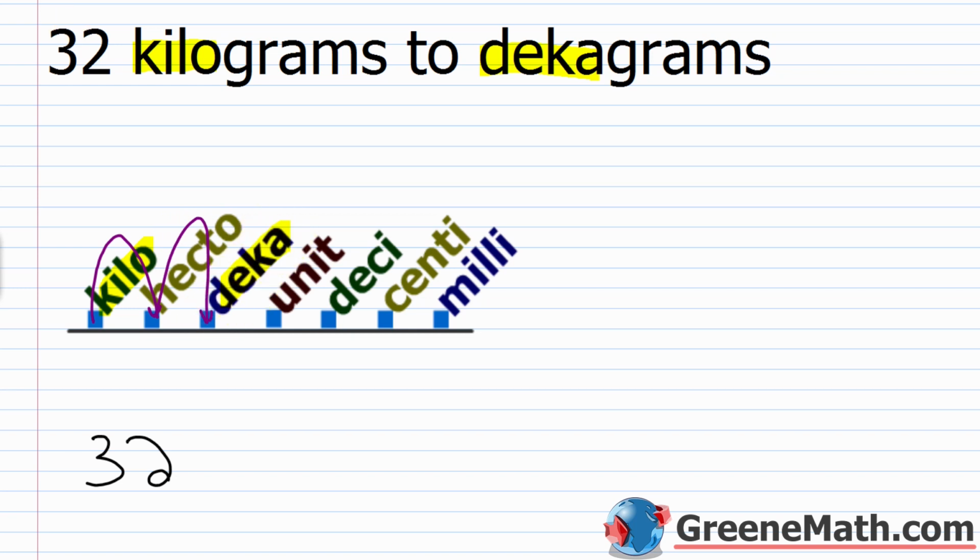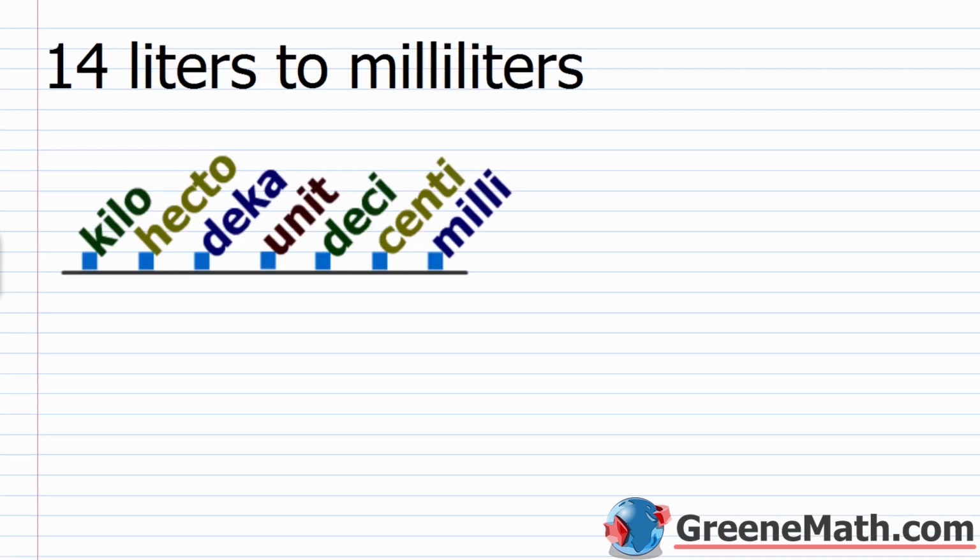So all I need to do is take 32 and move my decimal point 2 places to the right. So I'm going to put 2 zeros behind the decimal point, and go 2 places to the right, and I'm going to end up with 3,200 decagrams.